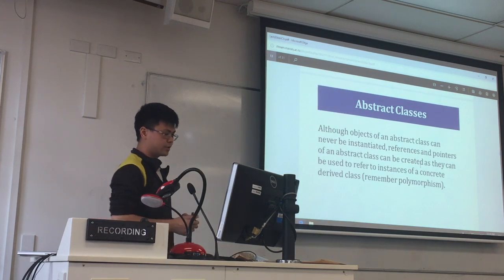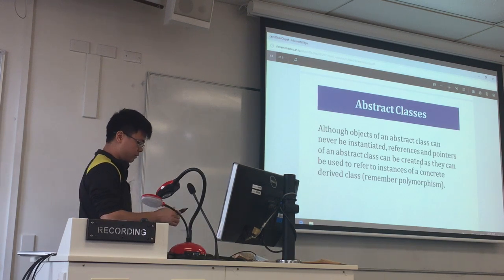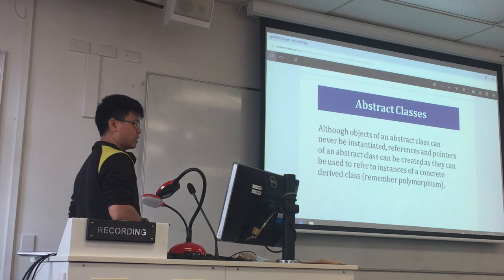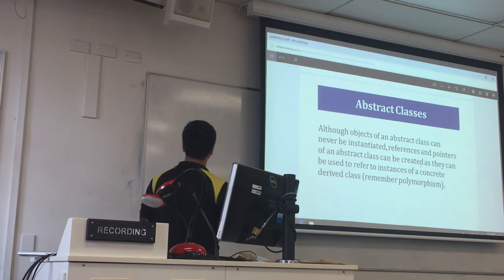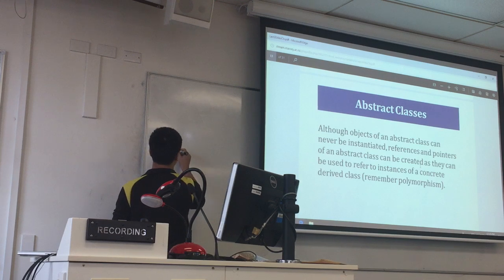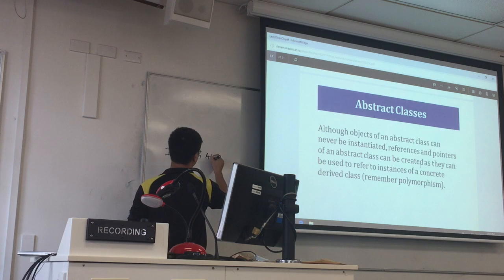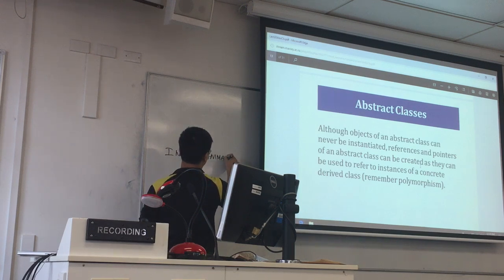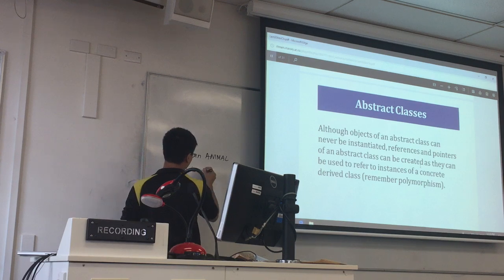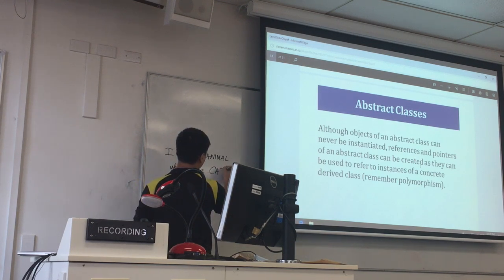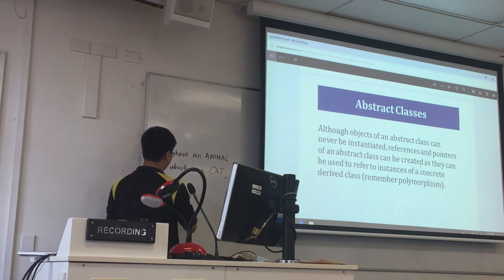Now, even though an abstract class cannot be instantiated, you can still use that class as the type of a pointer. So you can say, I have an animal which is a cat, right? Now this translates to C++ like this.